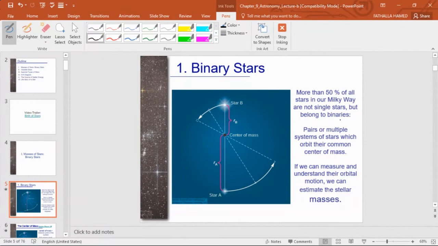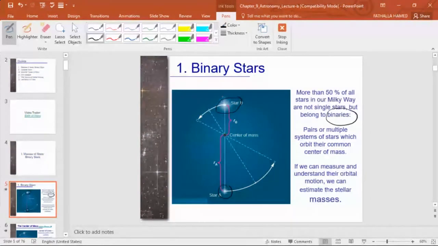They belong to binaries, which means 2 stars that are actually in a system. So what you see here, we have a star A, and then we have a star B. It's a system of 2 stars.